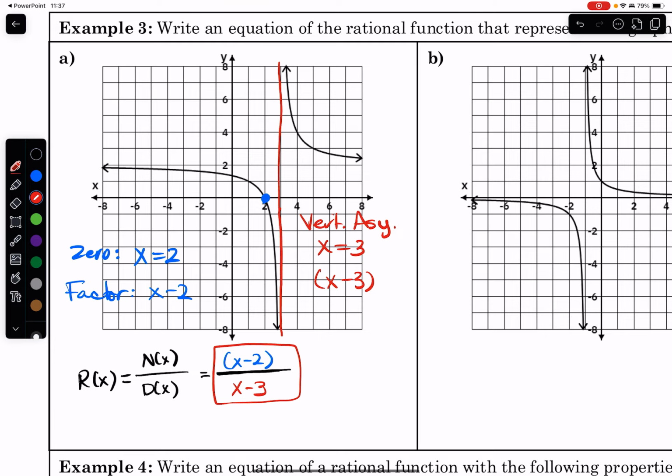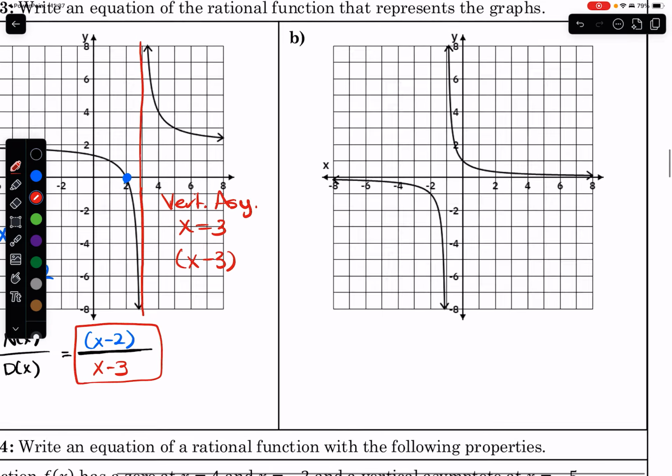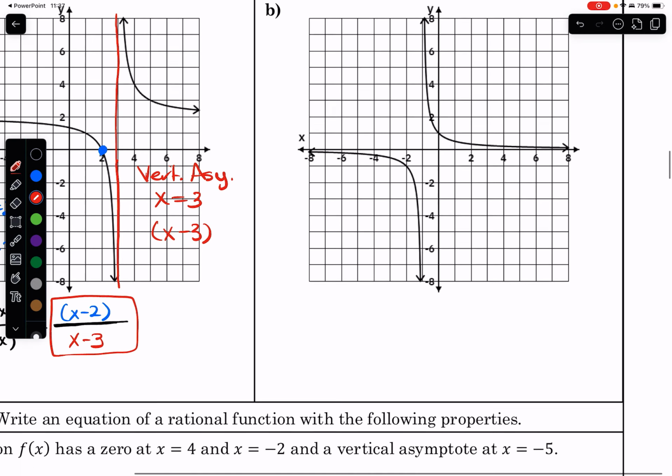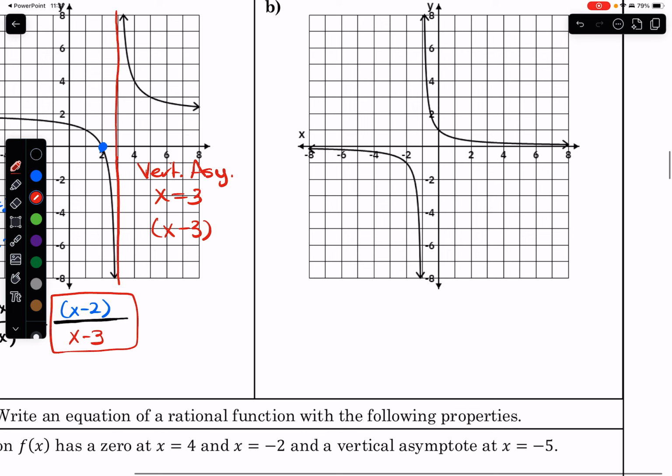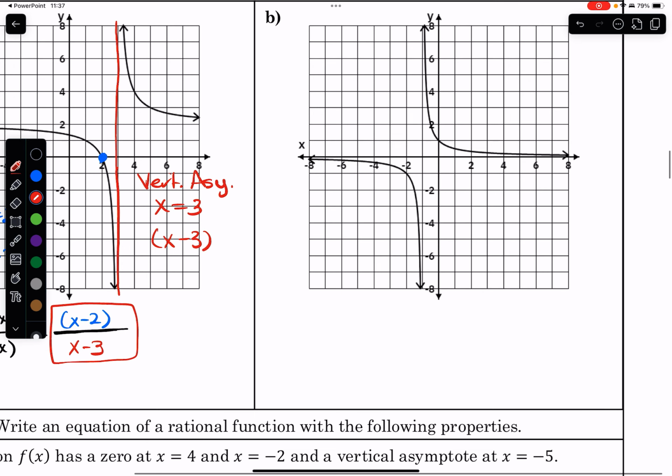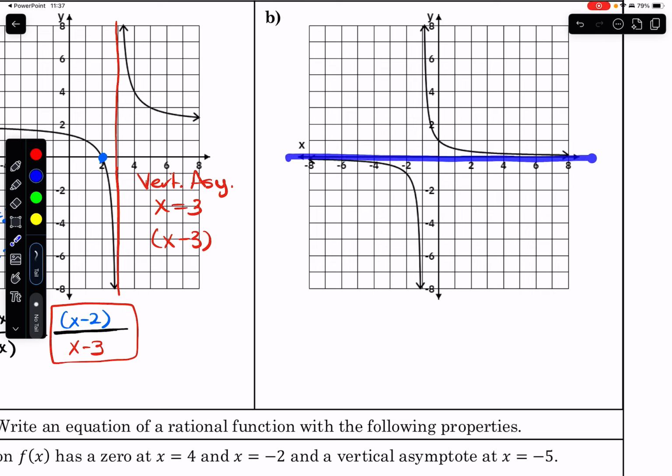So there's your rational function. Let's try another one here, okay? Well, this one right here does not have an x-intercept. Notice that the graph does not cross the x-axis.